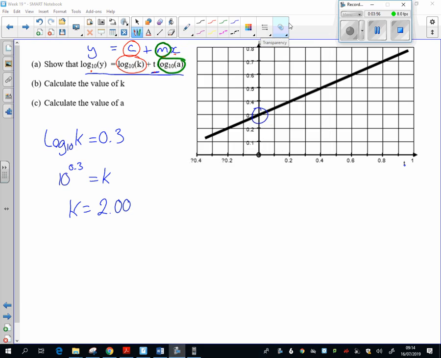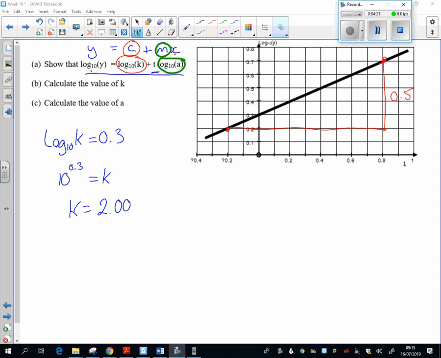Okay, so then to get the value of m, I need to find the gradient of the graph. So again, I just want to do that as accurately as I can. So do as big a triangle as you can. So I'm going to try and find 2 points where it goes through exact coordinates. So I'm going to use that. So my change in y is going from 0.2 to 0.7.